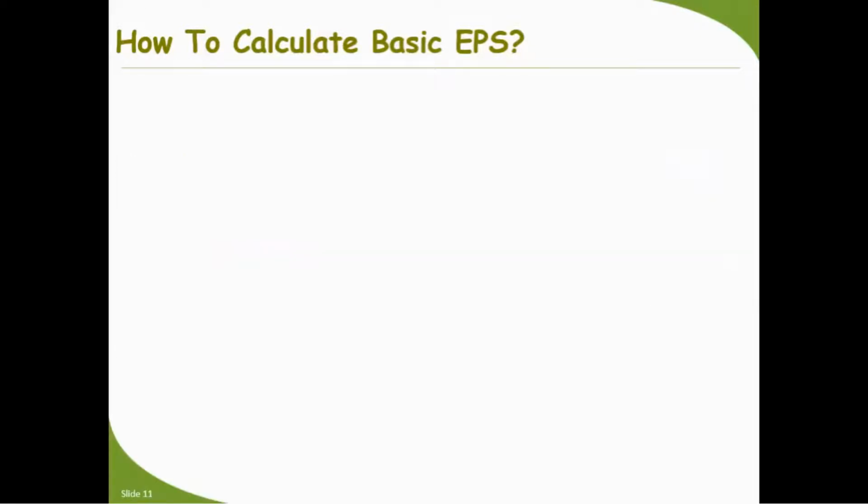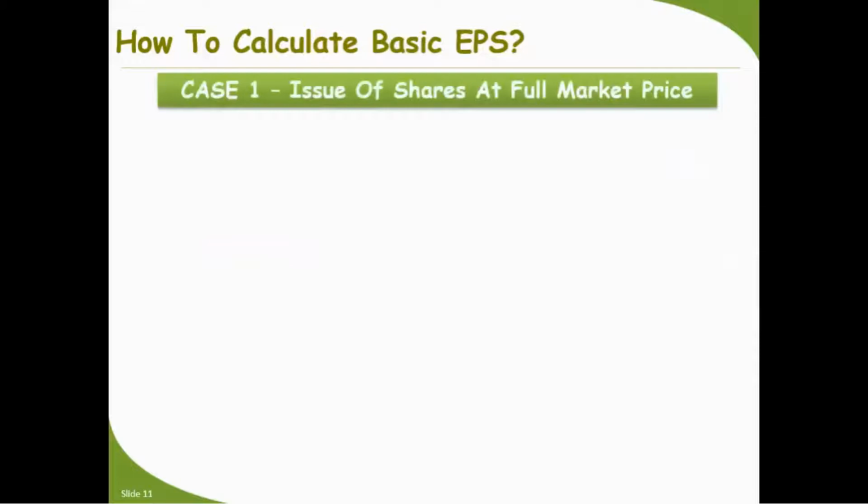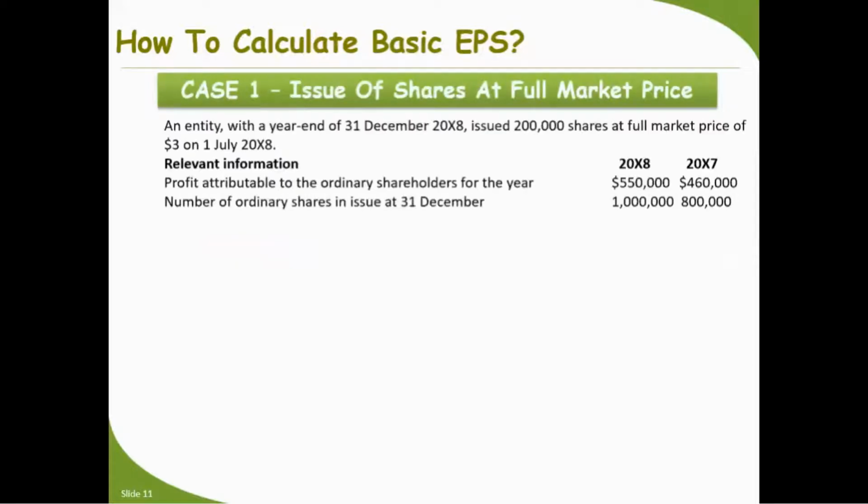Okay, this is an example. An entity with the year ended 31st December 20x8 issued 200,000 shares at full market price of $3 on 1st July 20x8. Now this is during the year. Your year is going to end at 31st December 20x8.